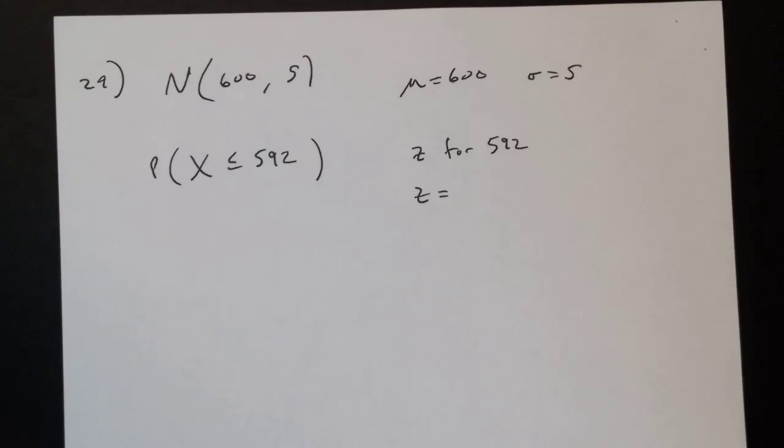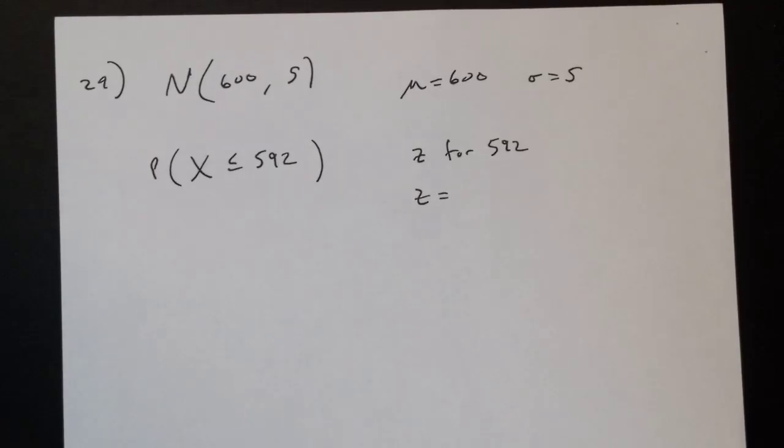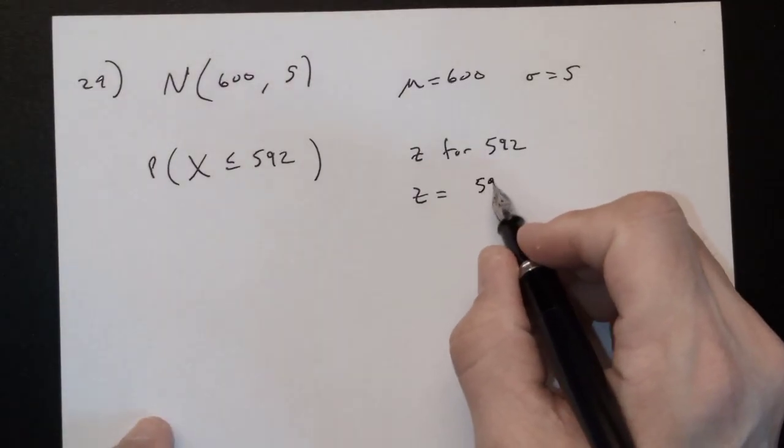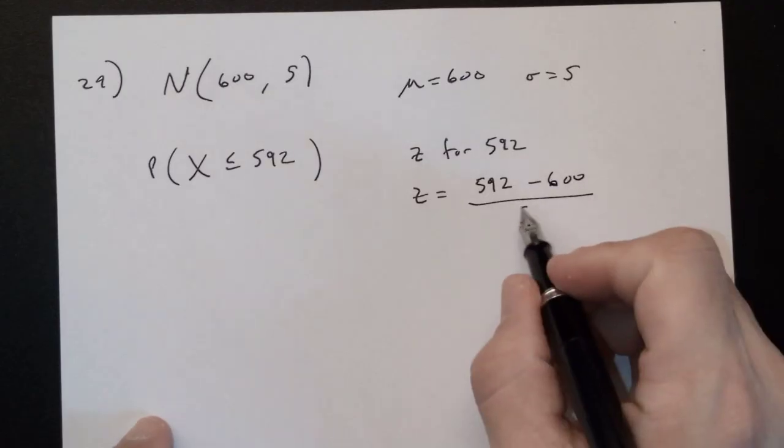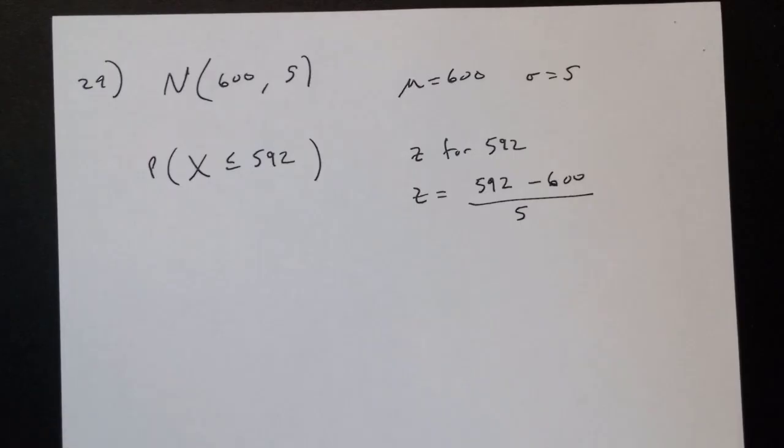Walking through my formula, I take the x value in question, subtract the average, and divide by the standard deviation. For us, that's a negative number. That's okay.